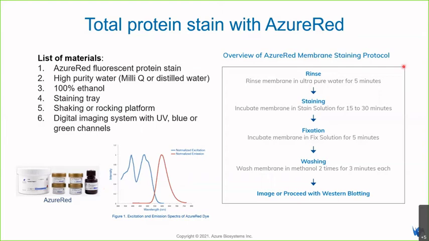On the right, we have an overview of the AzureRed membrane staining protocol, which is a post-transfer protocol. After transfer, rinse, stain, fix, and wash it as well. One thing to mention before I forget, AzureRed is based on epicocconone, which I mentioned in the previous slide in the review paper, which covers a very good dynamic range, especially at very low protein amounts.